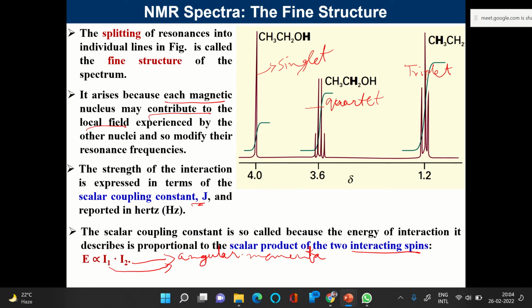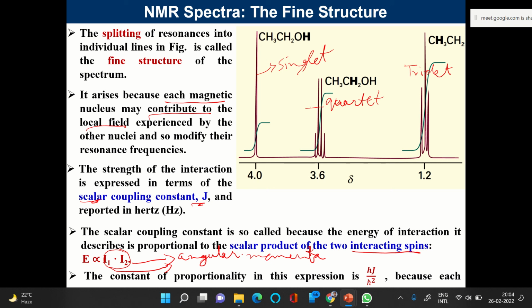That interaction gives rise to this kind of splitting pattern. And this interaction energy is proportional to I1 dot I2, the dot product. That's why we call it the scalar coupling constant, because it is the dot product that defines their energy. When you remove the proportionality constant, this is the constant that will come, hJ over h-cross squared.